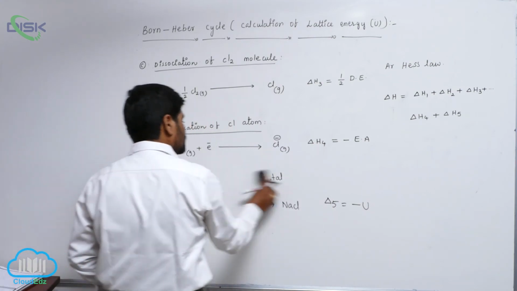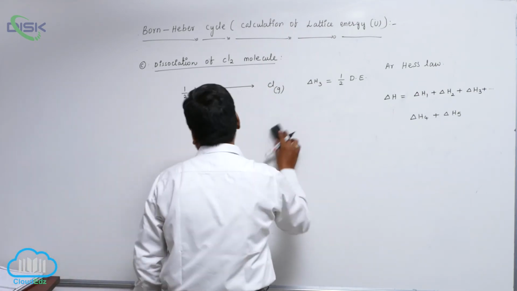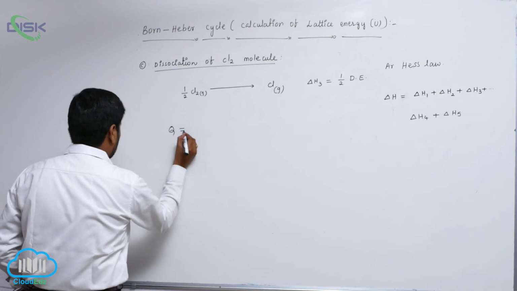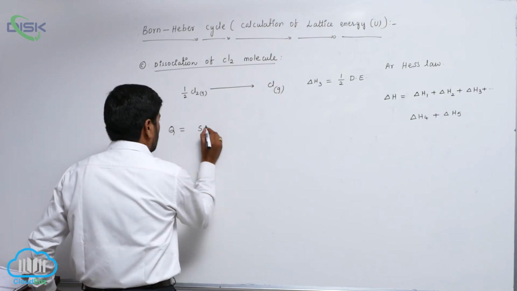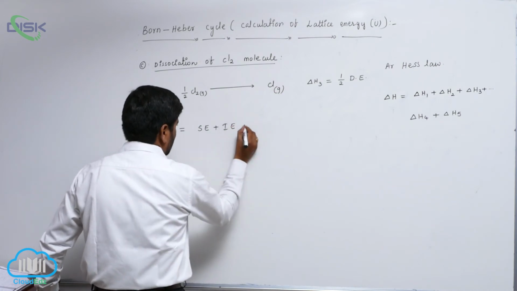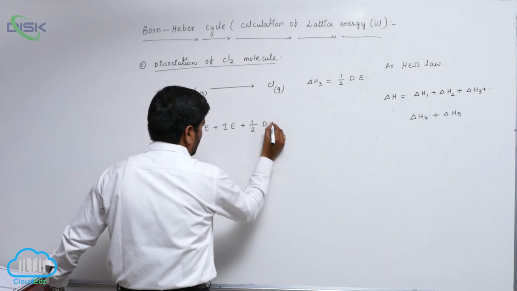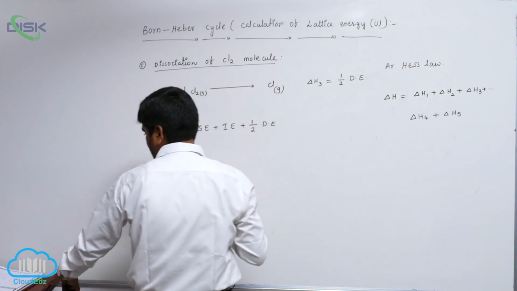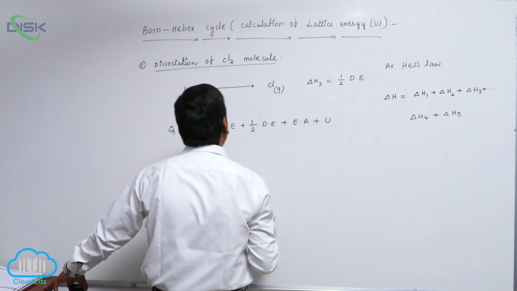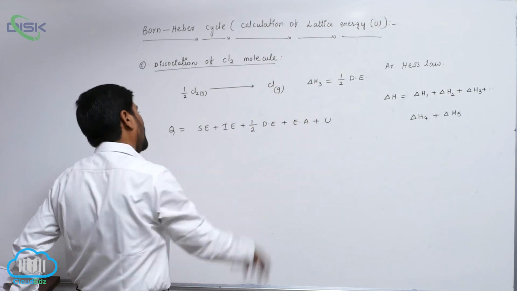So therefore Q, heat of reaction, equals sublimation energy plus ionization energy plus 1/2 dissociation energy plus electron affinity plus U. U means lattice energy.